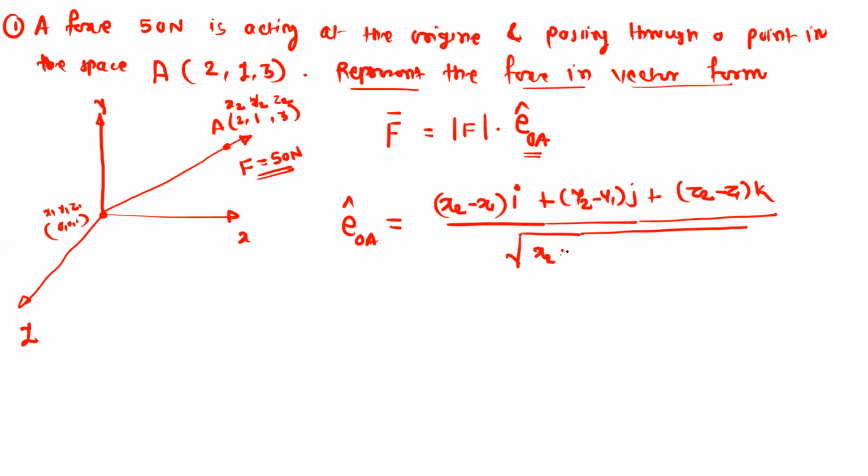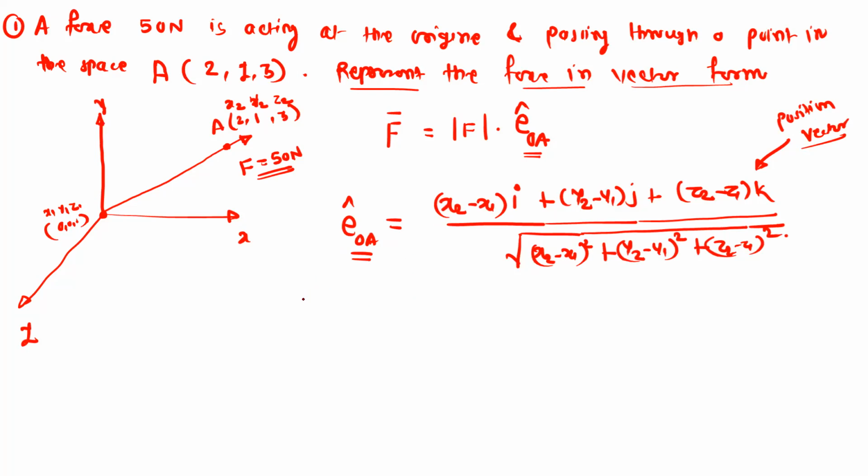So this will be the square root of (x2 minus x1) square plus (y2 minus y1) square plus (z2 minus z1) square. Okay. So the numerator, basically, is a position vector. And if you divide the position vector by its modulus, it will become the unit vector.